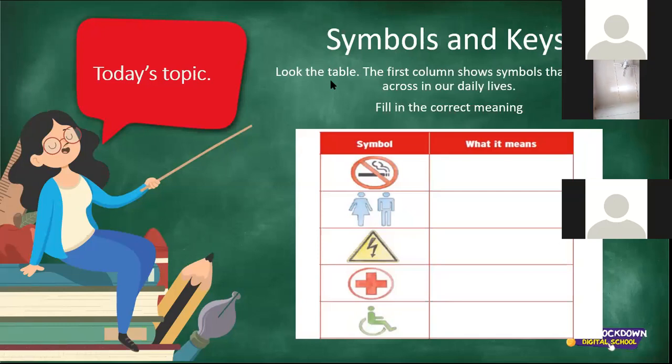So today our topic will focus on the symbols and keys. Look at the table. The first column shows symbols. Here is the first column. Let me put this so that I can show you the pointer.